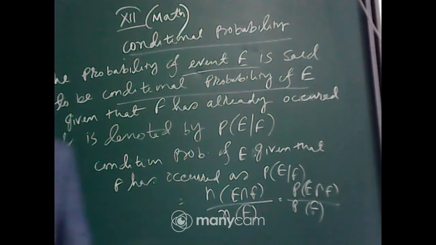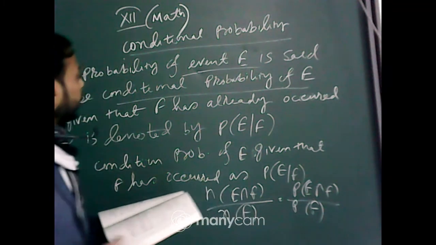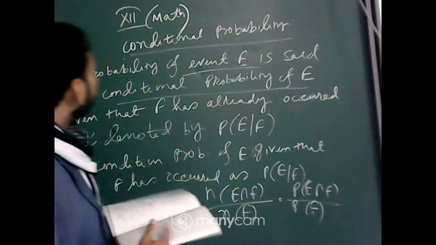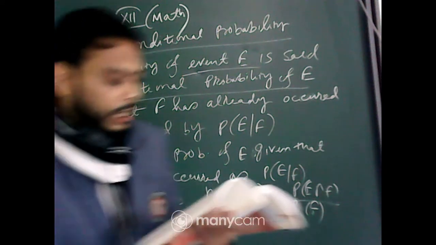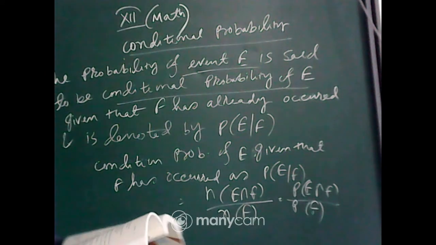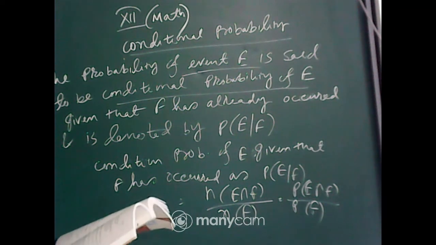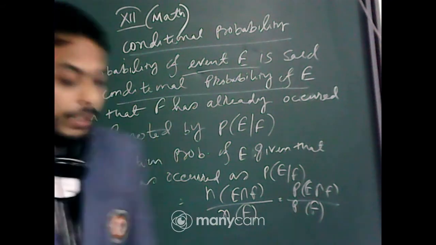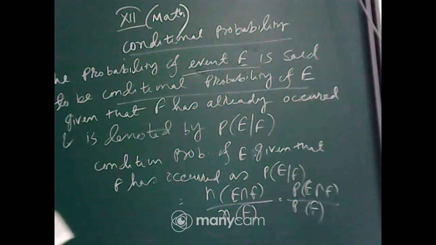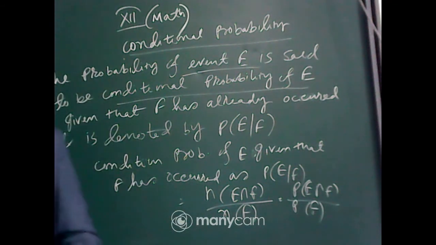So the black die resulting in 5 is the given event, that is F, and obtaining a sum greater than 9 is E. So that is one example: probability of E by F, probability of an event with respect to a known event.